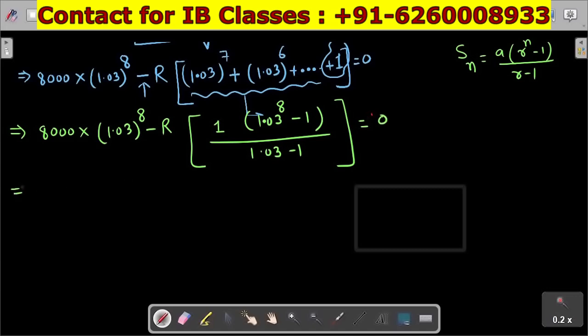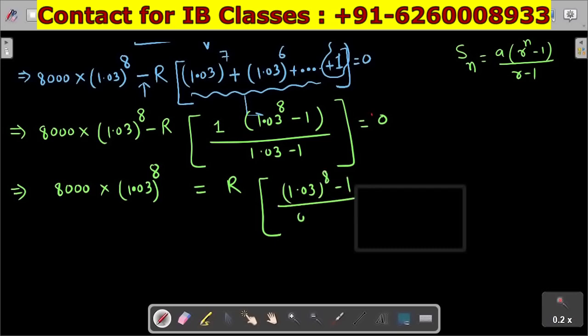So I can put this whole term to the other side. So this is 8,000 into 1.03 raised to power 8 is equal to r times 1.03 raised to power 8 minus 1 upon 0.03, right? So from here we can calculate r.